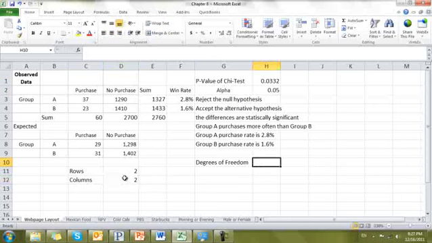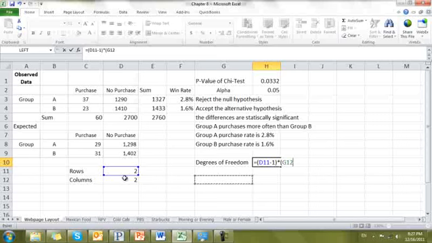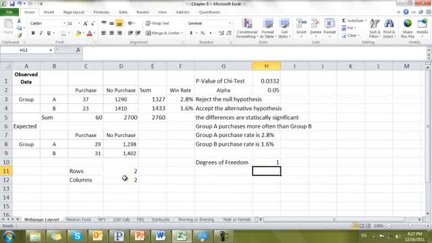So when we're looking for our degrees of freedom, that is the number of rows less 1 times the number of columns less 1, otherwise known as 1. We didn't have to do all that multiplication. We could have figured that one out. That's a very simple example of a chi-squared test.